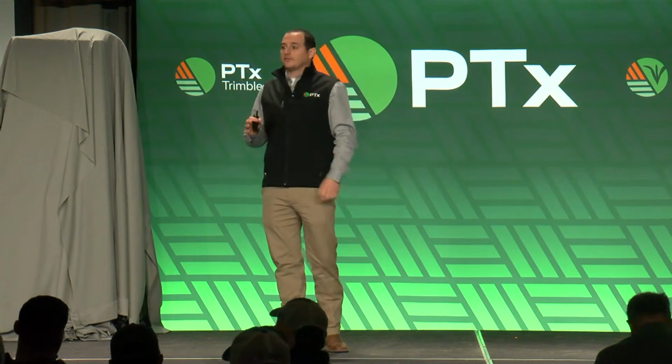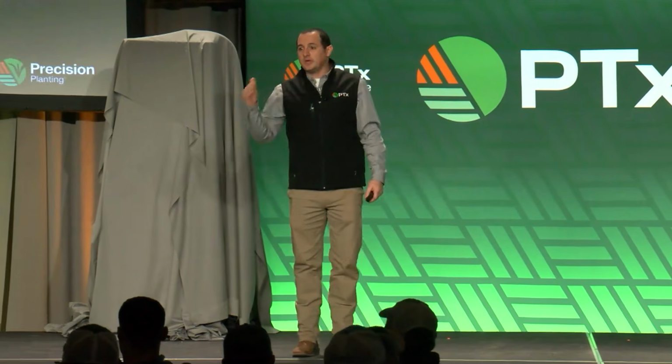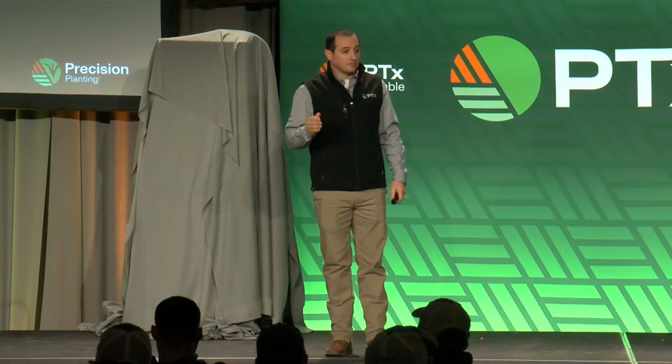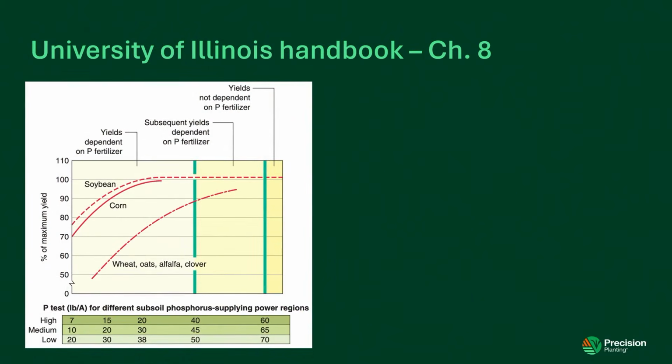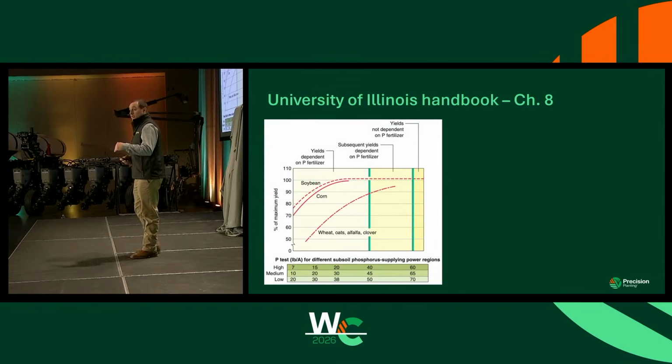So our other fertility, where do we need to be on phosphorus and potassium? University of Illinois data says on the bottom there, you see the high, medium, and low. That's basically the high producing soils. If you are in higher organic matter, typically lower lying soils, you will need a lower critical level.